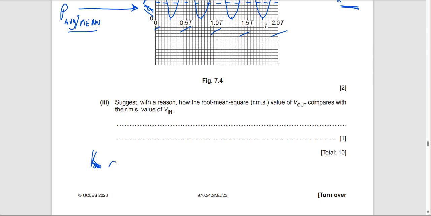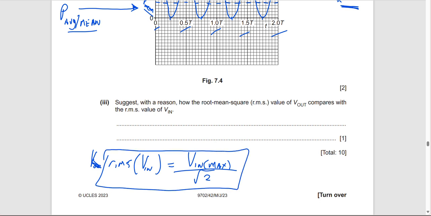Alright. So remember, it's maximum V out. RMS of V in is equal to V in max over root 2. Remember this formula, right? But V in is equal to V out.